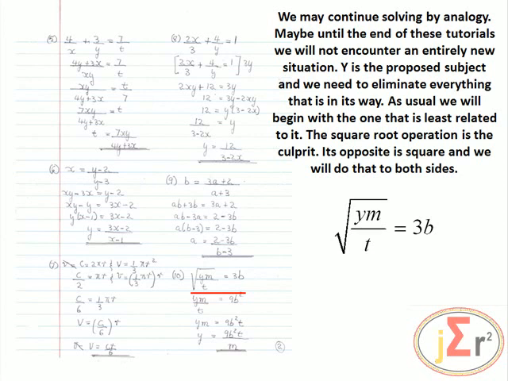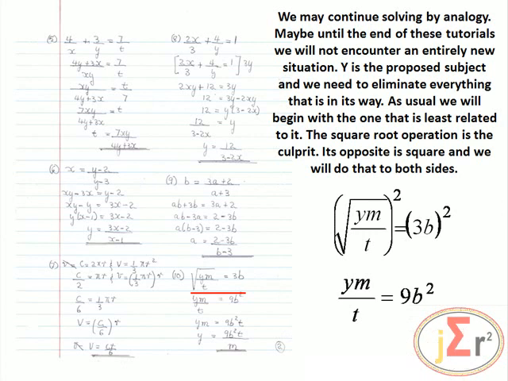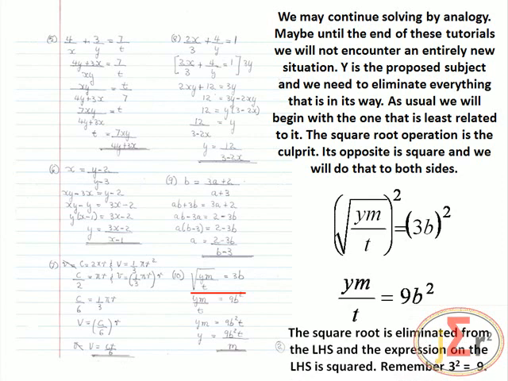On this occasion, we will eliminate the square root first by doing the opposite of the square root, which is square. And we do that on both sides, like so. So, on the left hand side, the square root is eliminated, and on the right hand side we have the square. And we are saying, because this is a common mistake that students make, the square root is eliminated from the left hand side and the expression on the right hand side is squared.